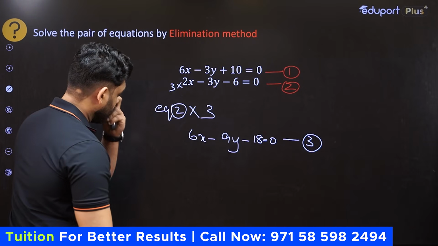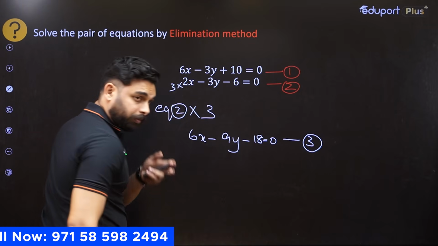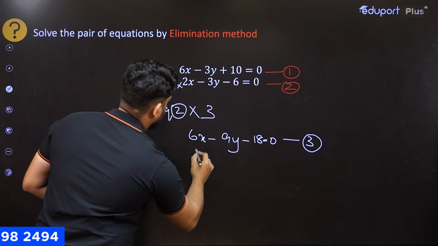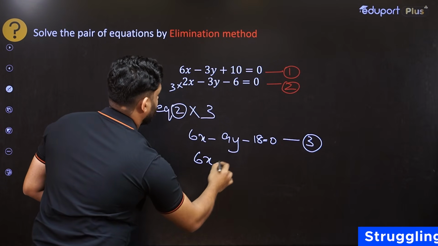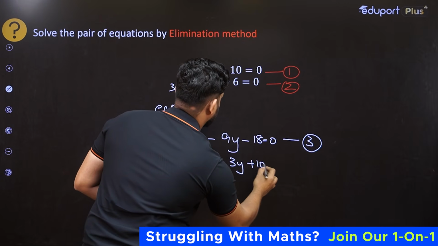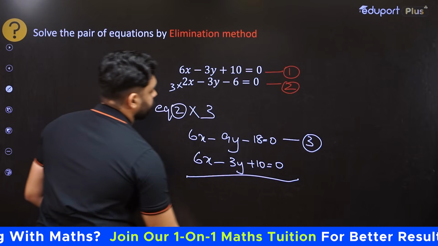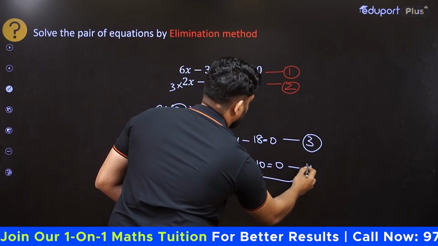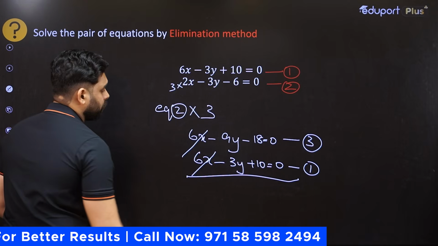Okay, now subtract equation 1 from 3. That is 6x minus 9y minus 18 minus 6x minus 3y plus 10 is equal to 0. If we subtract this, what will we get? Equation 3 minus equation 1. Okay, so the x term will get cancelled.